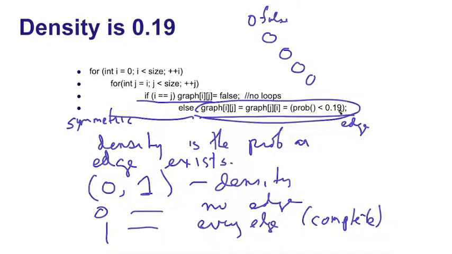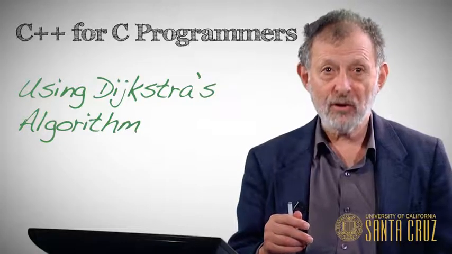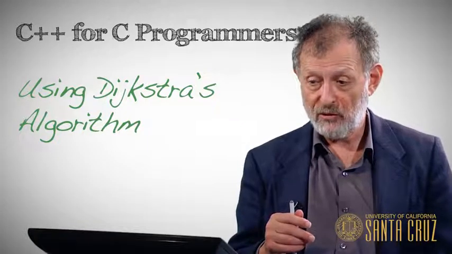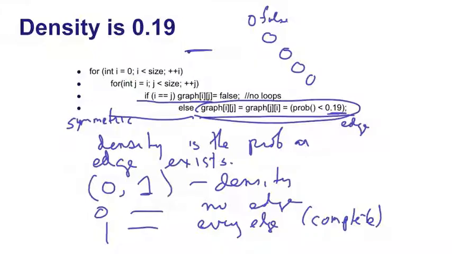If the probability, in our case, we're looking at a density of 0.19, so roughly 1 in 5 times I'm going to stick an edge in. And probability is just some function I'm computing using the random number generator. You may have to review that, or you may have to look at the code that's online for the probability function. That will generate a randomly generated graph of the given density.